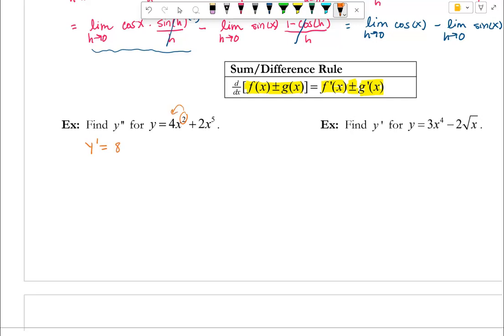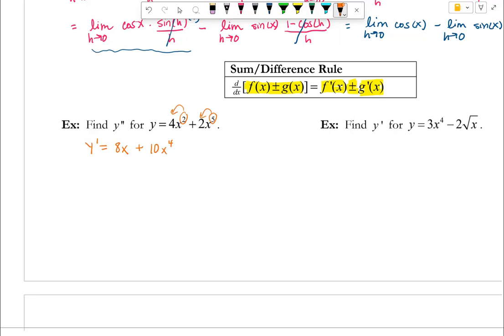So I'm going to get an 8x to the first power here, because I'm going to subtract 1 from my exponent. And then I can add to that my second term. So for the derivative of my second term, 2x to the fifth, I'm going to take my exponent 5 and multiply it with the 2 out front, so that's going to become 10. But then when I write my new exponent, I have to subtract 1, so 10x to the fourth. All right, so that's our first derivative.